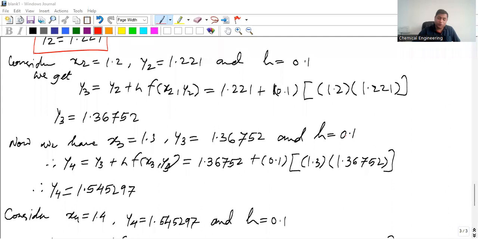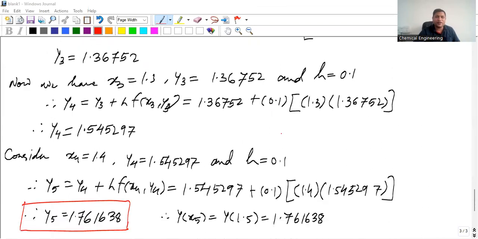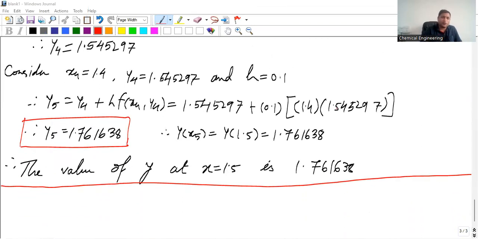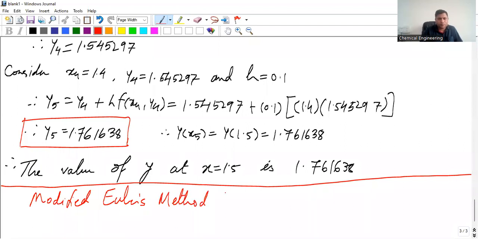To remove this error, we need to understand the Euler's modified method, or some people write it as the modified Euler method. So we go for the modified Euler method, and we can see what the modification in the Euler method is.